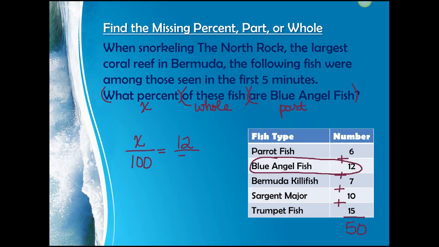So that will be our whole. To solve, we will cross multiply 100 times 12, and that gives us 1,200. Then we must divide that by 50. 1,200 divided by 50 gives us our final answer of 24%. 24% of the fish are blue angelfish.